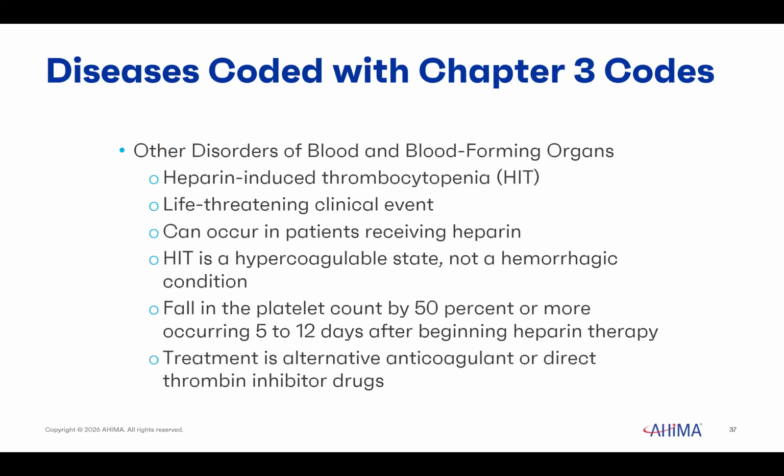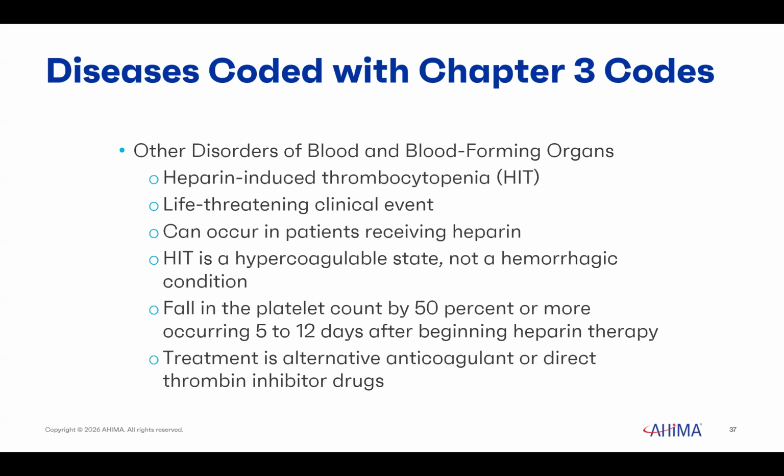Other disorders of blood and blood-forming organs include heparin-induced thrombocytopenia. This is a life-threatening condition in which the blood clots more easily, and the platelet counts drop sharply after treatment with heparin.